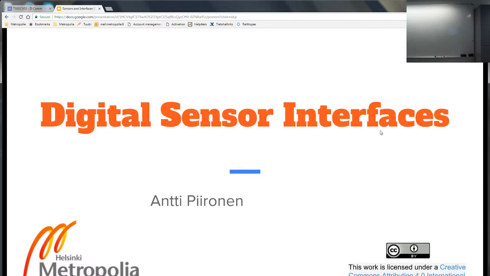Okay, that's known. And then there are these two speeds, 100 kilobits and 400 kilobits devices. But I2C is, I would say, a no-brainer, as the SPI always needs some careful tweaking.